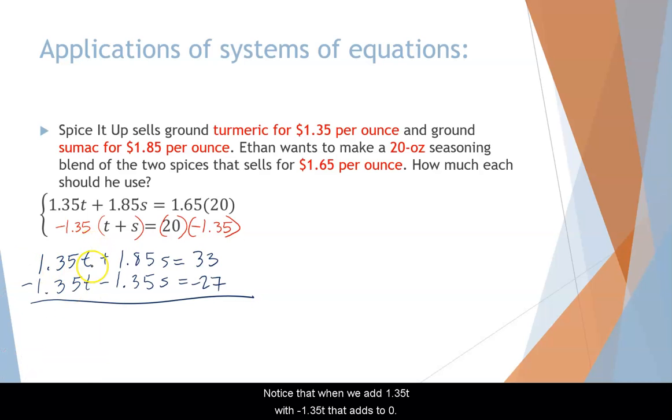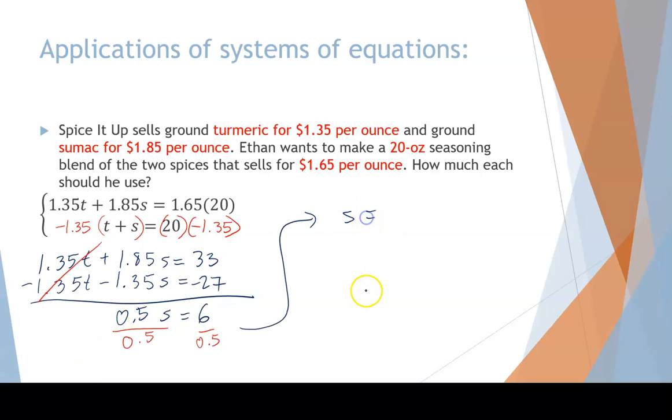Notice that when we add 1.35t with negative 1.35t, that adds to 0. 1.85s minus 1.35s turns into 0.5s. And on the other side of the equal sign, 33 minus 27 equals 6. Solve for s. S equals 12. So that tells us that there's 12 ounces of sumac.